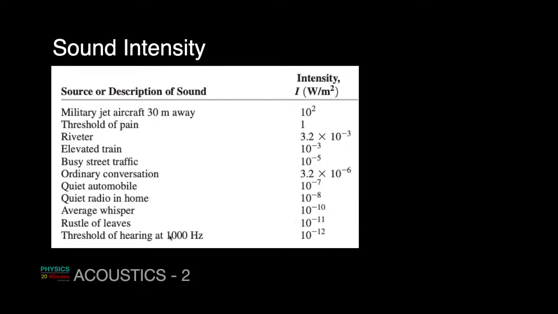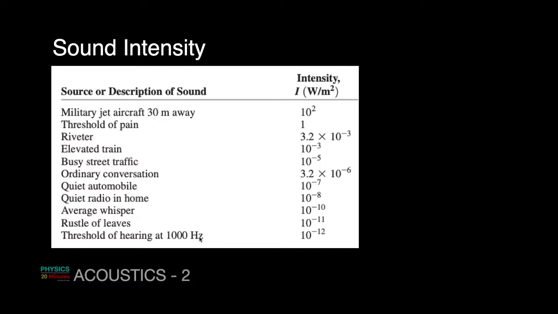Remember, when I say threshold of hearing, I am talking about an average over many people. Threshold of hearing varies from person to person and from region to region. For example, if you live in a very noisy environment, then your threshold of hearing is generally a little high.